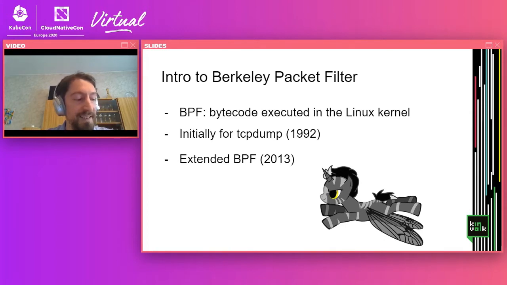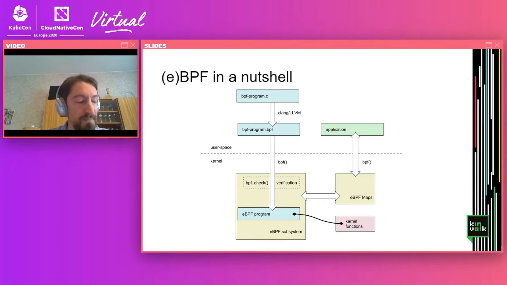And lastly, there are use cases for tracing. That's more what we are focusing on today, where we can use BPF programs to hook into tracepoints, kprobes, or uprobes and so on.